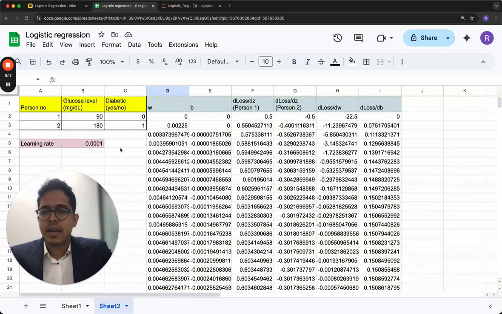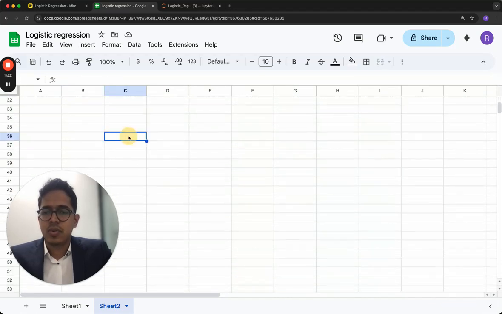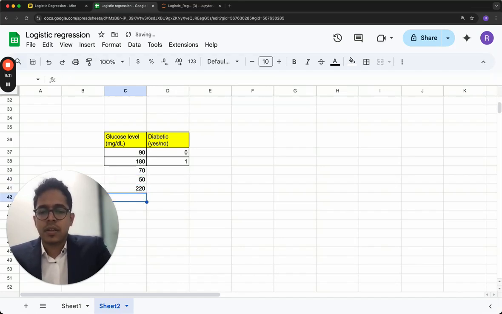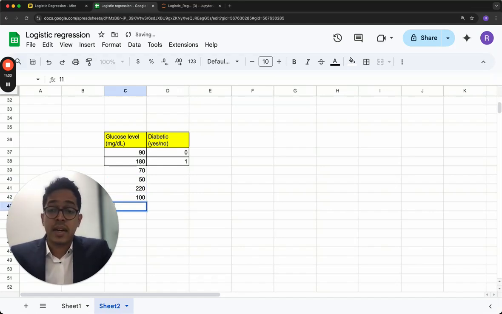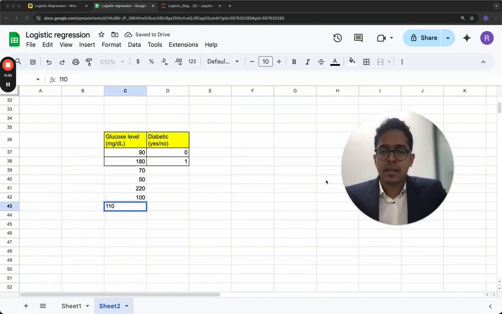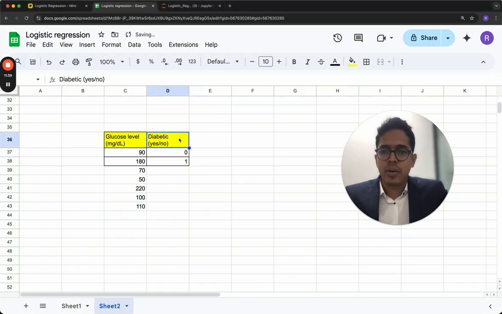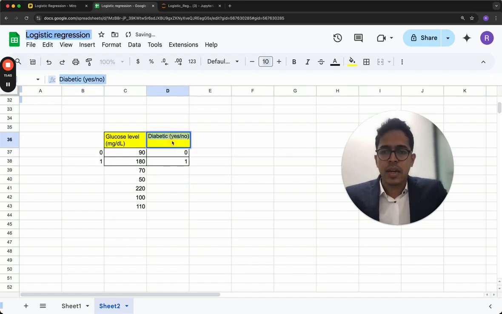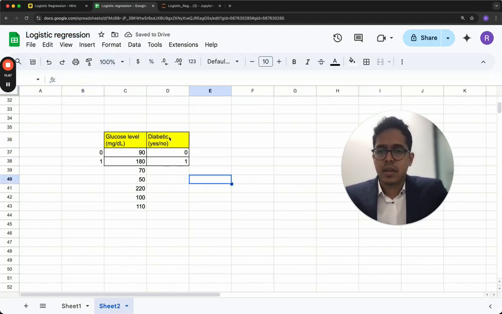Let's say I define some glucose levels. So these two were the original data points. Now I'll say another person with glucose level 70, another person with 50, another person with 220, another person with 100, another person with 110, etc. And if we want to make predictions, here I can put truly these two guys we knew, and now prediction.